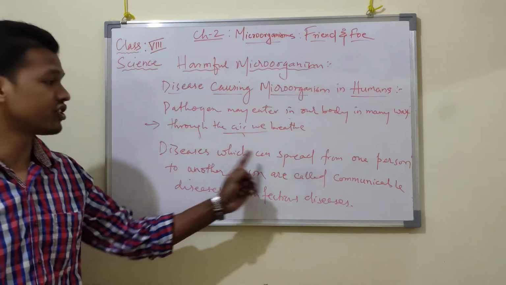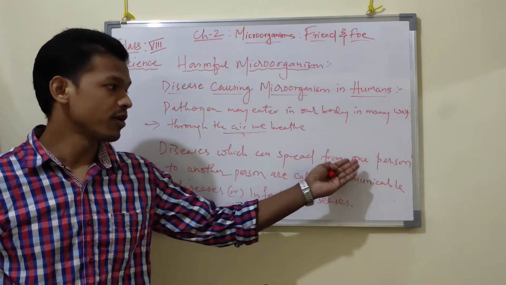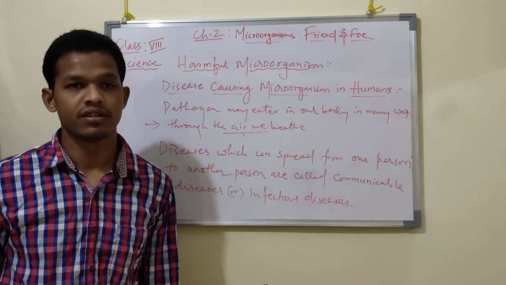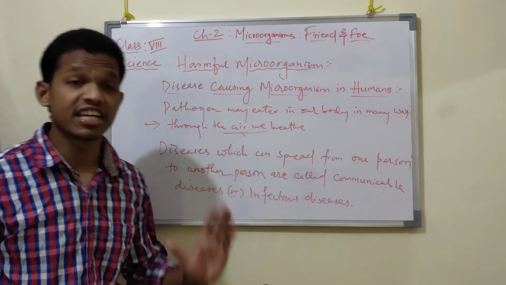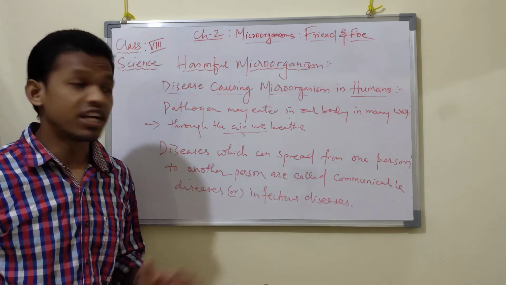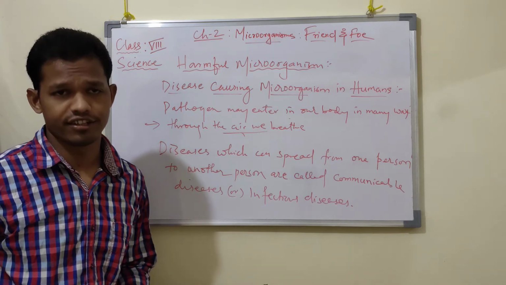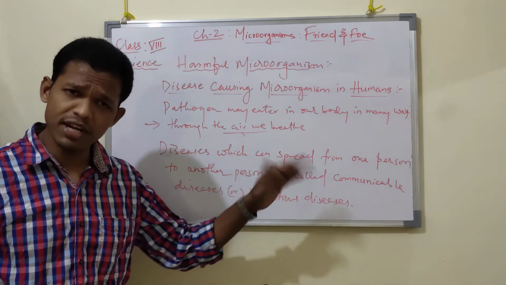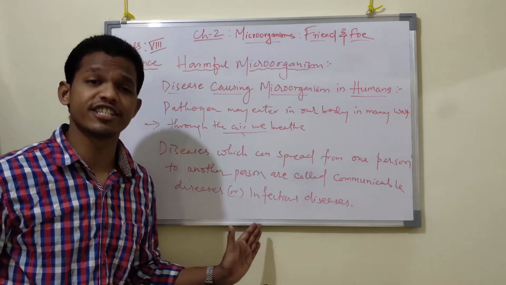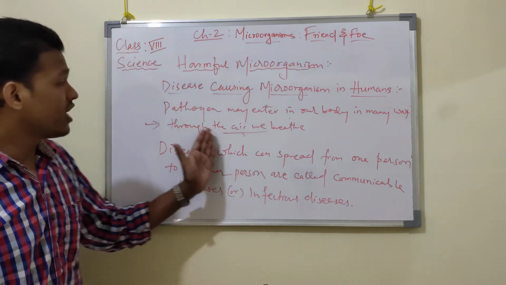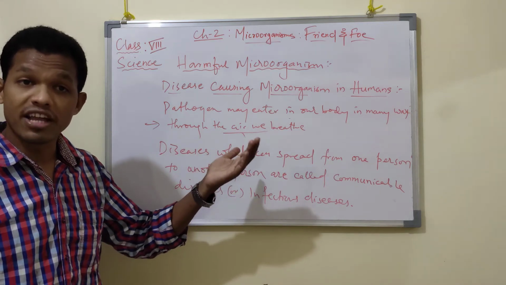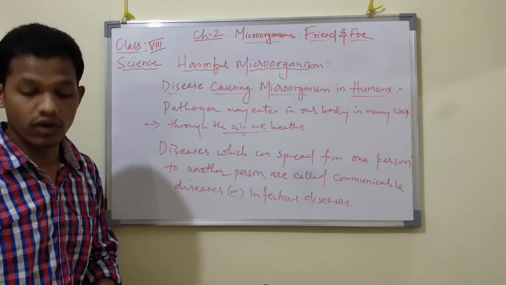The disease which can spread from an infected person to a healthy person is called a communicable disease or infectious disease. It can be transmitted through air, through food, or through physical contact or direct contact.